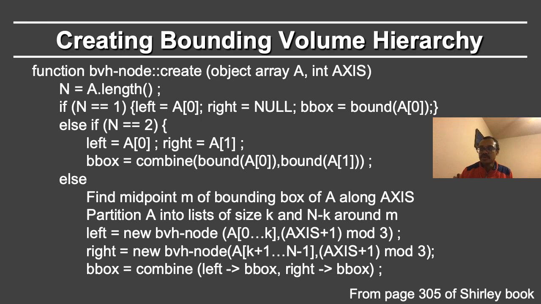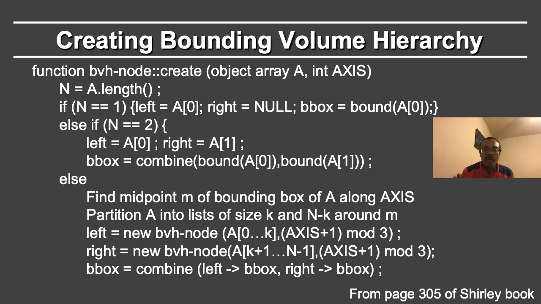Otherwise, if there are two objects, then you simply make the left tree object 0 and the right tree object 1. For the bounding box, you have to have a way of combining the bounding box of A0 and A1, or of the left and the right object.